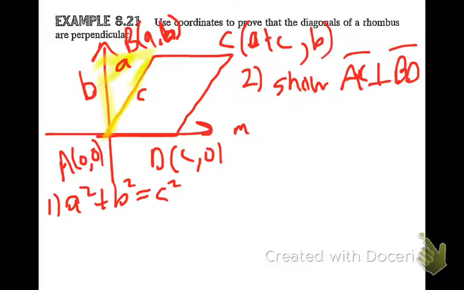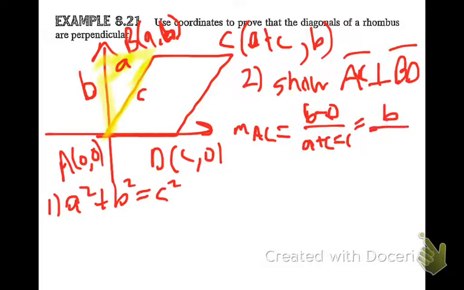M of AC is equal to B minus 0 over A plus C minus 0, so that equals B over A plus C. Then we do the slope of BD.